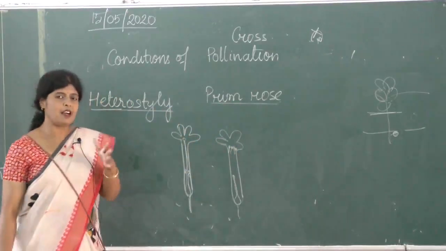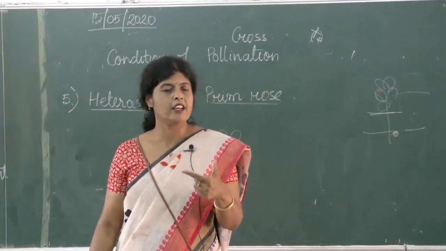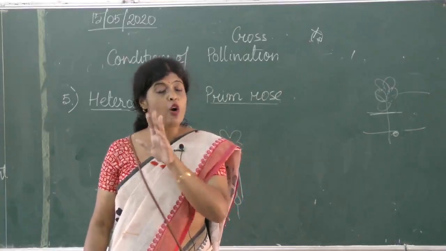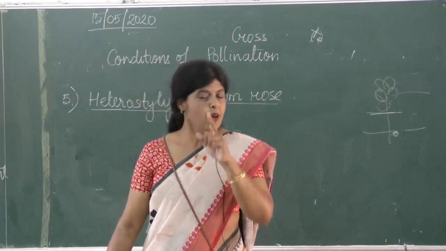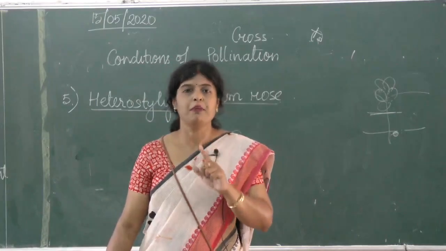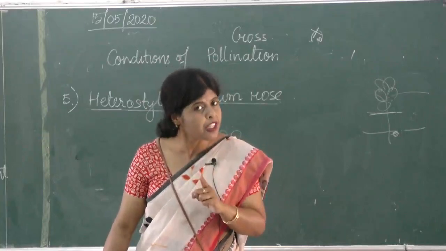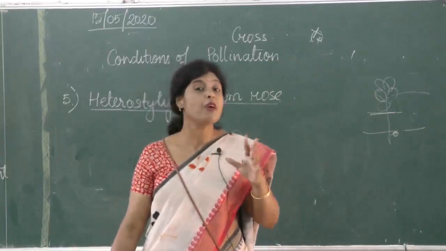One thing we will see, other than unisexuality, we have done dichogamy, hercogamy, heterostyle, and self-sterility, all are bisexual flowers. But what do we know? All bisexual flowers cannot be self-pollinated. There are conditions.